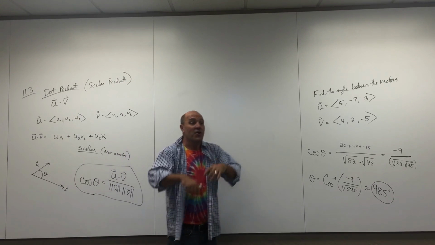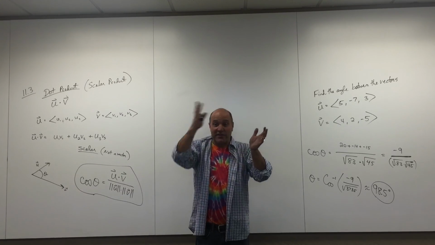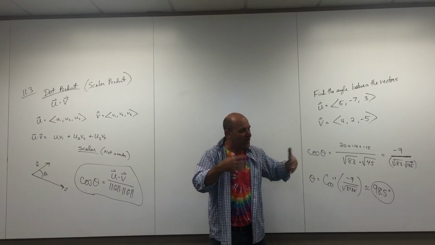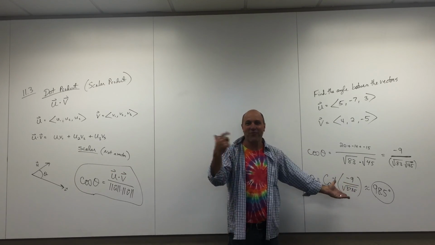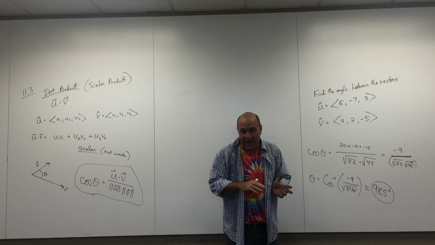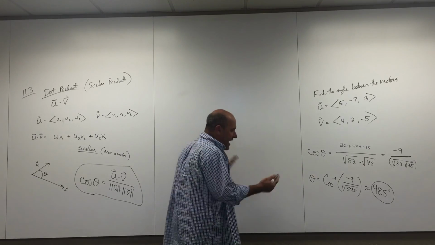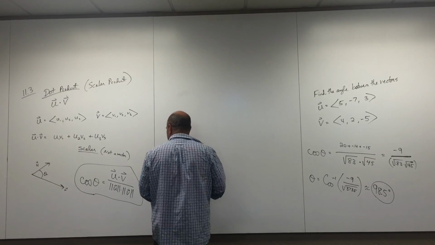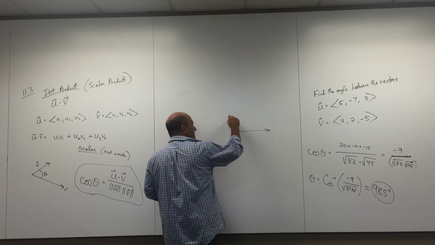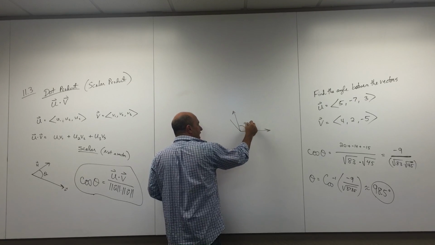Now listen, when you use cos inverse on your calculator, its restricted range is between 0 and 180. So you don't have to ever adjust this. This is always your answer. We were having that adjustment problem with tan inverse at times, but not here. Whatever the calculator gives, that's the answer. I don't know what these vectors really look like, but their angle is 98.5.